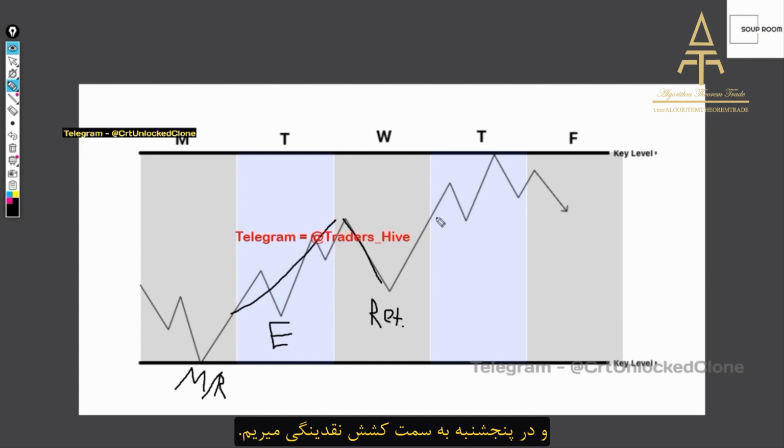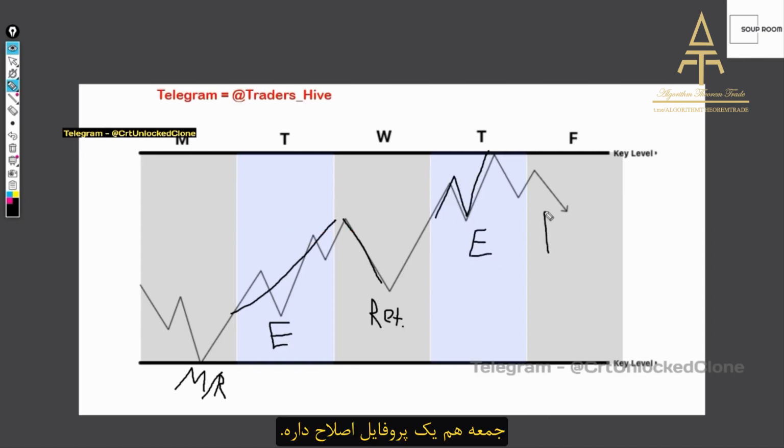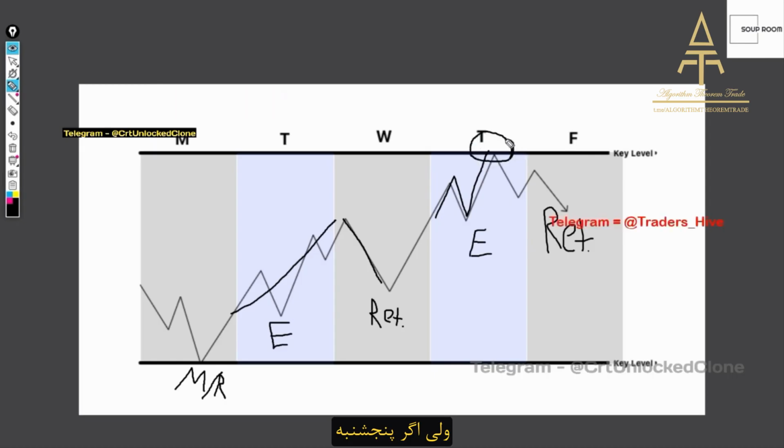And Tuesday expands towards the draw on liquidity. Friday, of course, is a retracement profile as well, right? Of course, if Thursday was not simply, listen, okay, so let's get deeper.